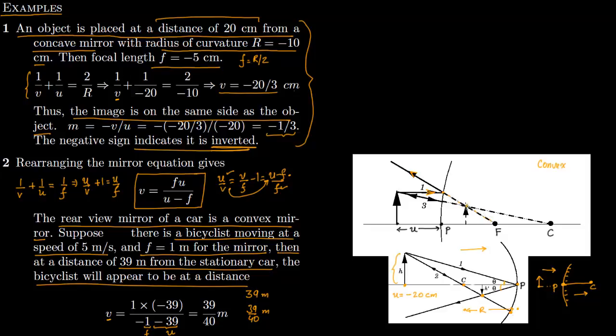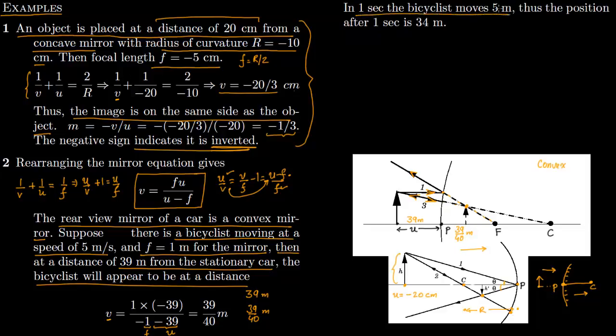Now if the beam of light falls as if it is going towards the center, then it reverts in the same direction. So you take the point of intersection right here, and this is the image of the object. So if this distance is 39 meters, this distance seems to be 39 by 40 meters.